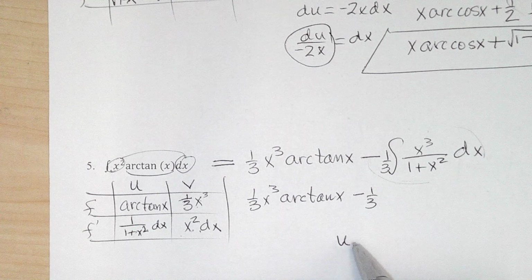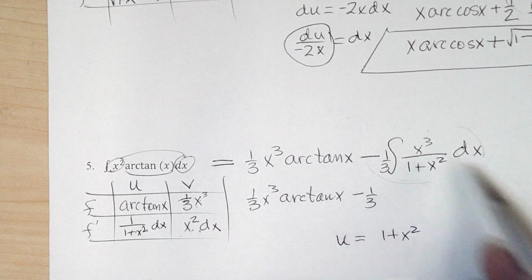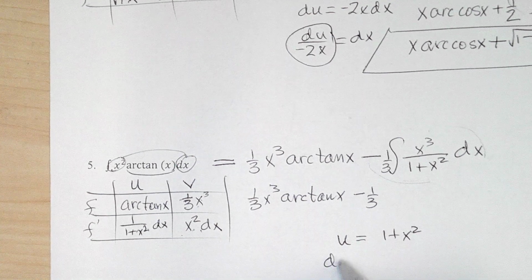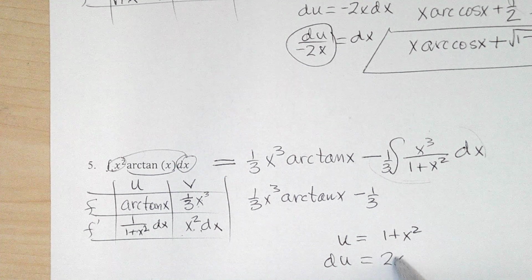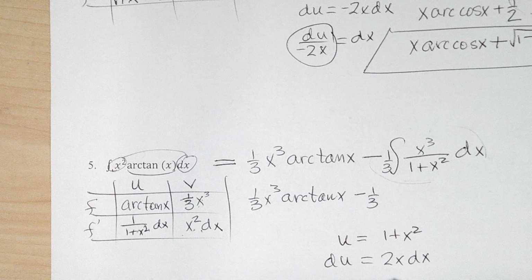I'm going to let u be 1 plus x squared because I don't like that addition in the denominator. So du is going to be 2x dx. Going to divide by the 2x.